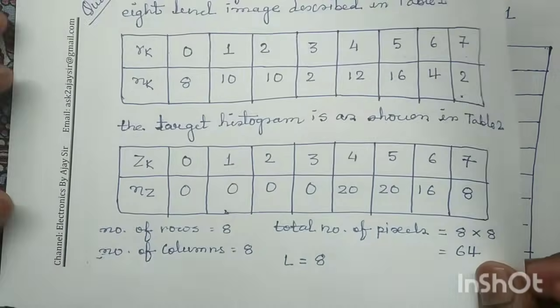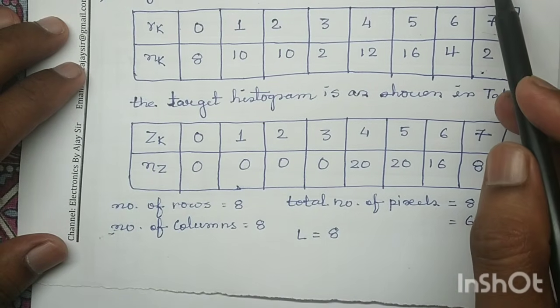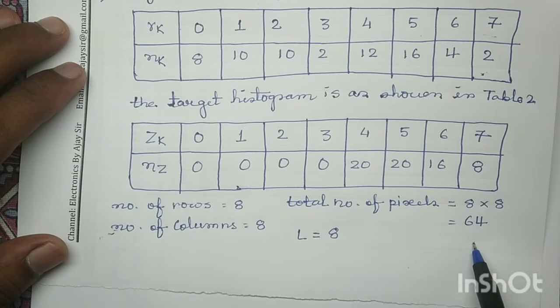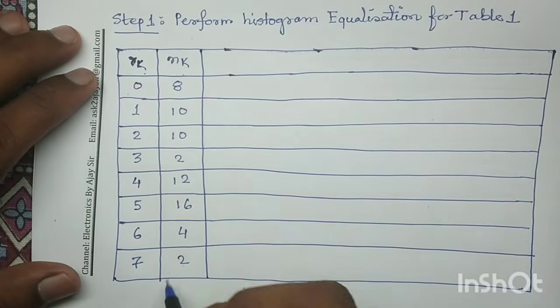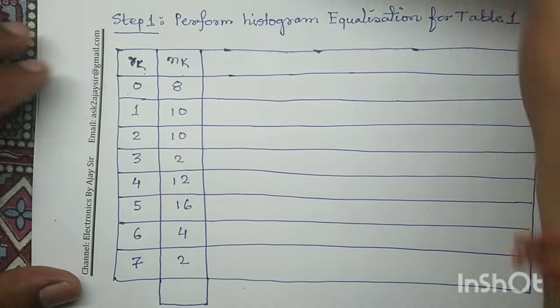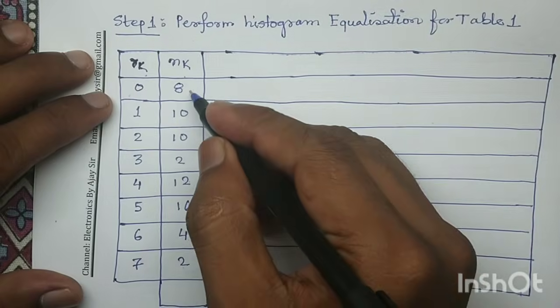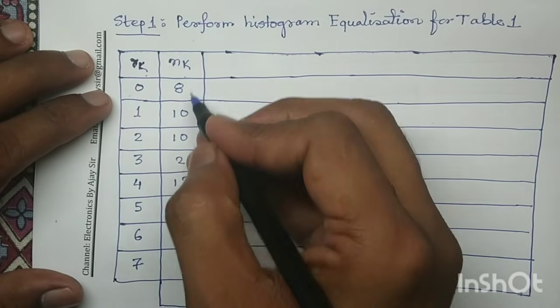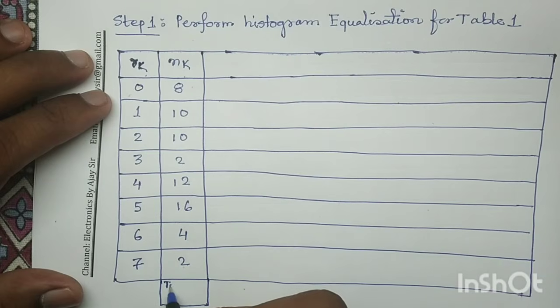Earlier we determined from the given input image size that the total number of pixels is 64. This number 64 you can verify after adding all these numbers of occurrence. If you do the summation of all these occurrences, the total number of pixels comes to be 64.